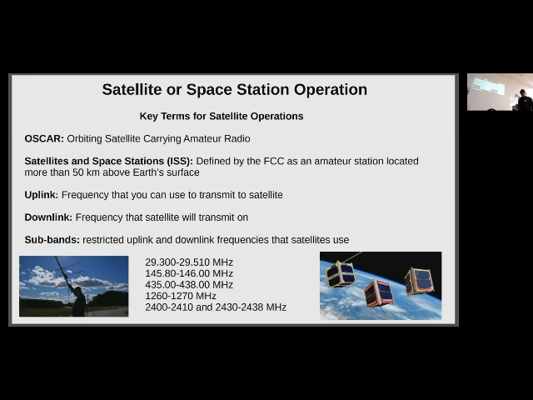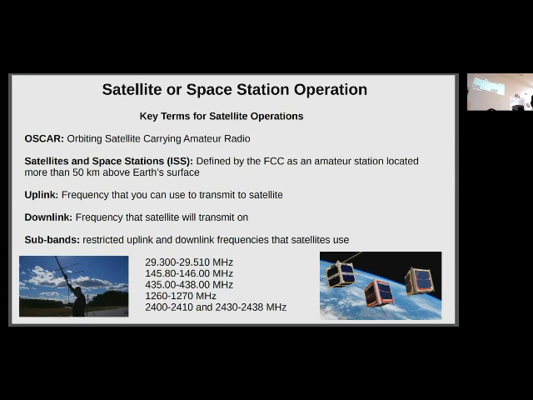Okay, so fun stuff. What's a satellite? It's way up in the air, right? In fact, it's everything above 50 kilometers. So, International Space Station, that's a satellite. There's a whole bunch of communication satellites up there.